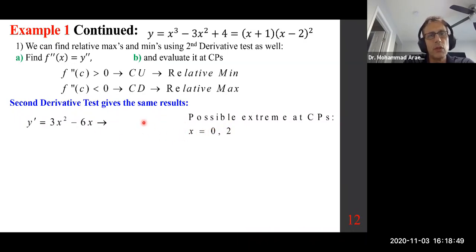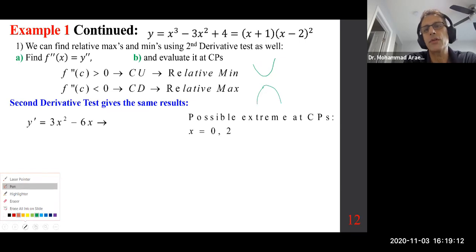Now, we are reminding everybody: when f double prime is positive, that means concave up, and that means relative min. Remember, concave up looks like this. Concave down looks like this. And so if it's concave up, you're looking at a local min.